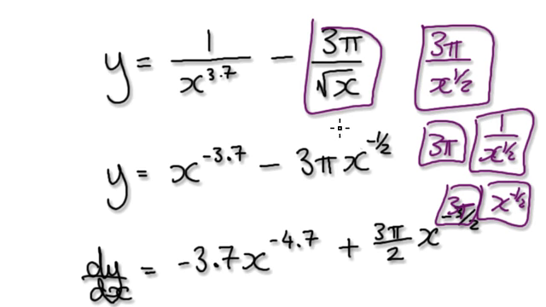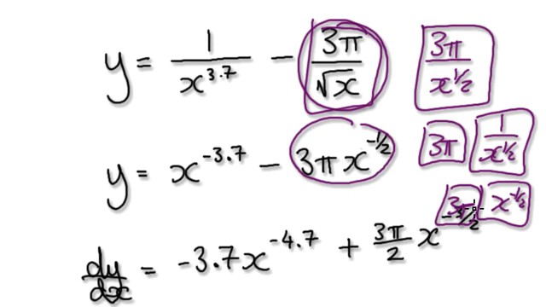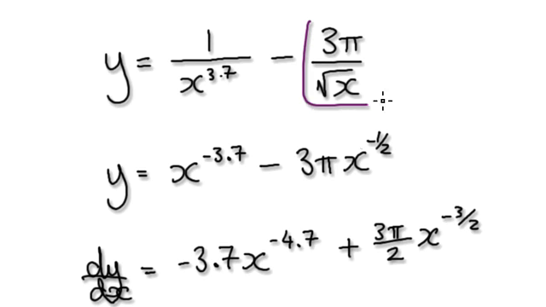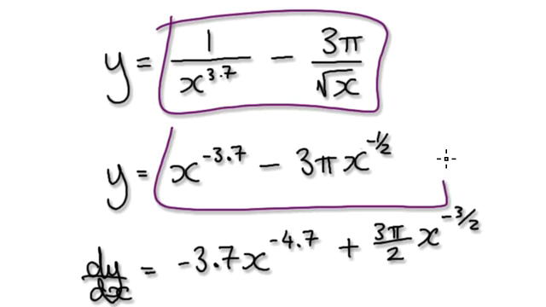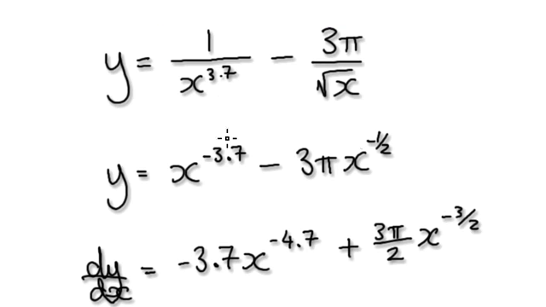So you can visualize, well, this thing here is really this thing here. Okay, 3 pi, and then you've got your x to the power of minus a half. Well, this thing here is this. If you can visualize this whole thing here as this here, then it's nice and easy to differentiate.